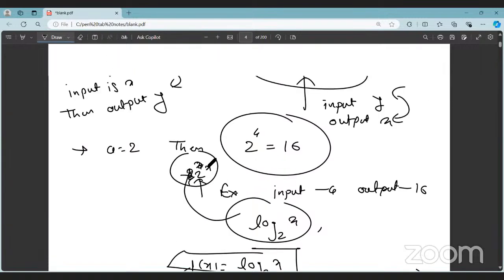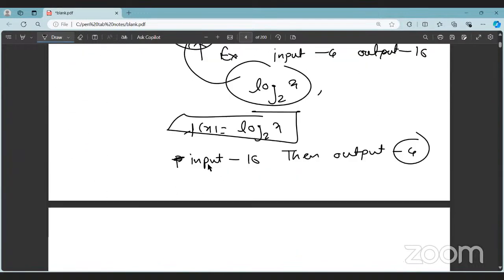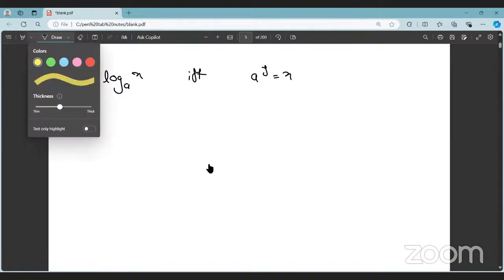What I want to say is that the logarithmic function is nothing but a function which gives us the inverse of our exponential. That function is known as the logarithmic function, and it is defined by a simple line. We simply say that y is equal to log base a of x if and only if a to the power y is equal to x. You should remember this line first.